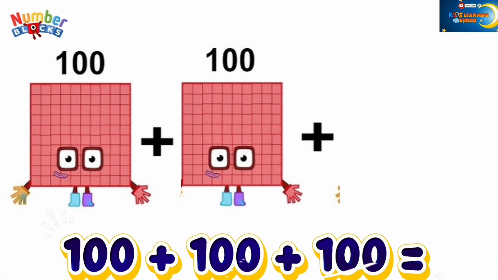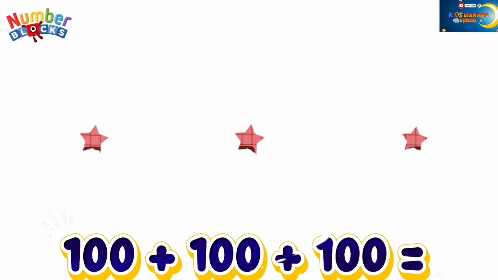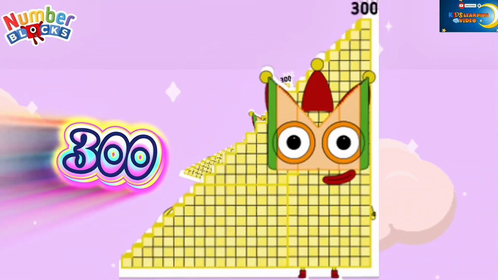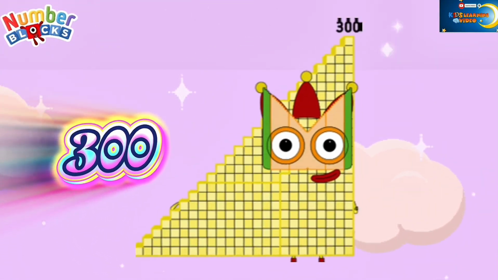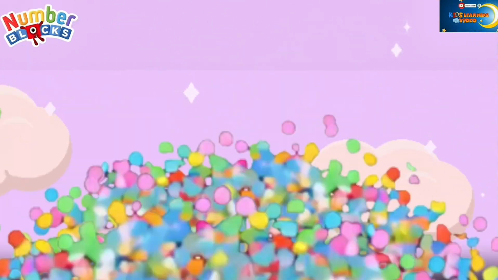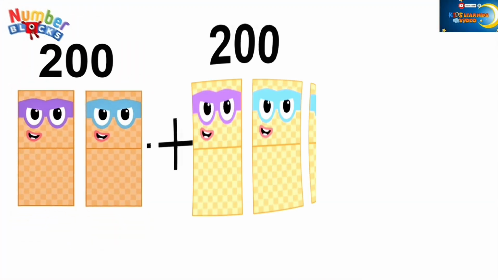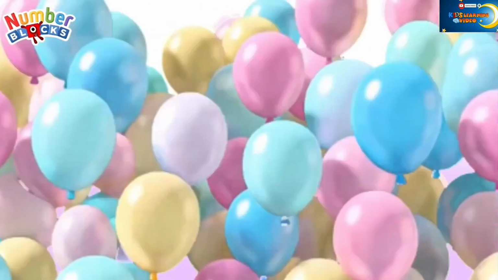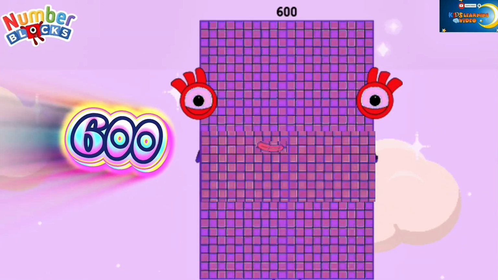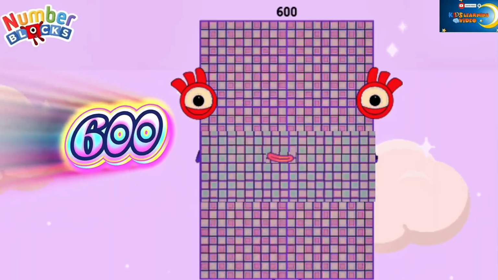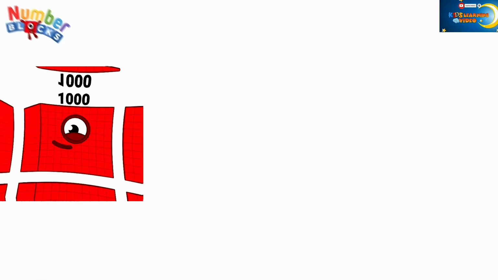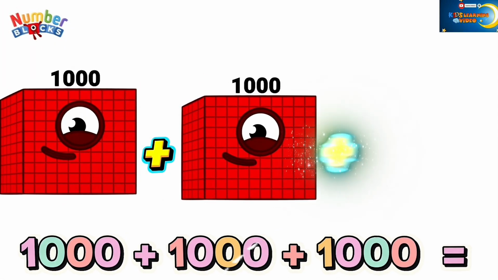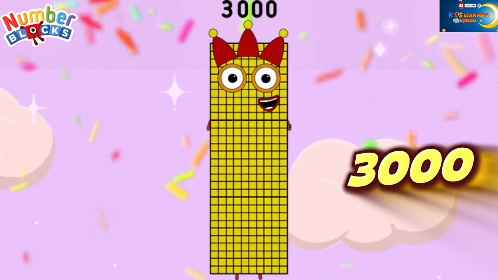Next, 100 plus 100 plus 100 equal 3000. Next, 200 plus 200 plus 200 equal 600. Next, 1000 plus 1000 plus 1000 equal 300.